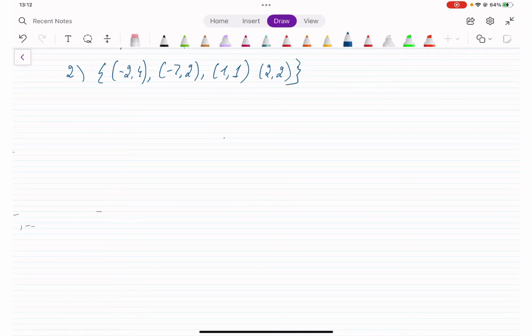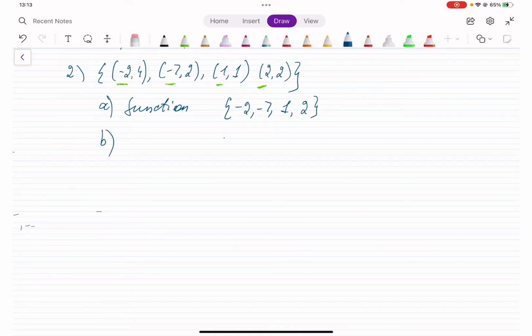Is this a function or not? So our x's are negative 2, negative 7, 1, and 2. There is no repetition, so that means it is a function. And the domain is going to be all these underlined in green: negative 2, negative 7, 1, and positive 2.